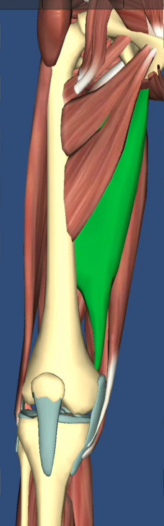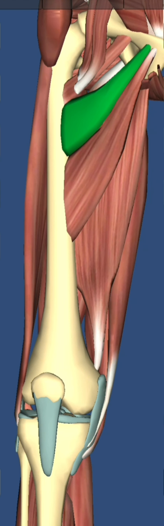Now, let me try and rephrase what I just said. The adductor longus and the adductor brevis are supplied by the anterior division of the obturator nerve, while the adductor part of the adductor magnus is supplied by the posterior division of the obturator nerve.